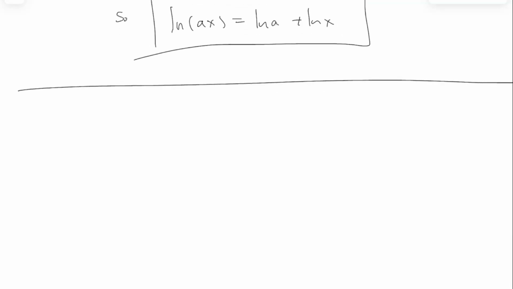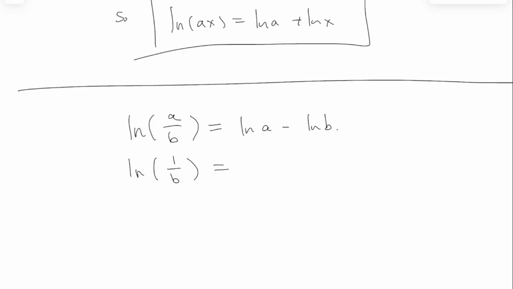One other property, anybody remember this one? The log of a over b. What is it when you have a quotient inside of a log? Anyone remember? Yeah, subtraction. So this becomes natural log of a minus natural log of b. And this is related to, anyone know what that is?